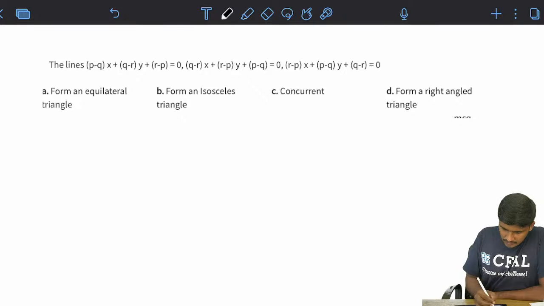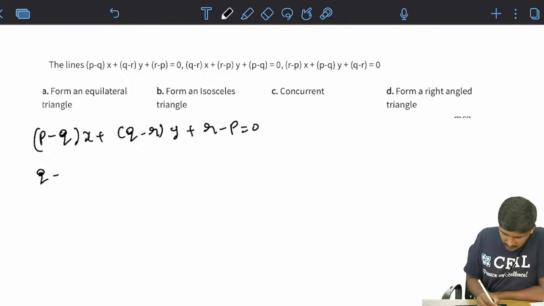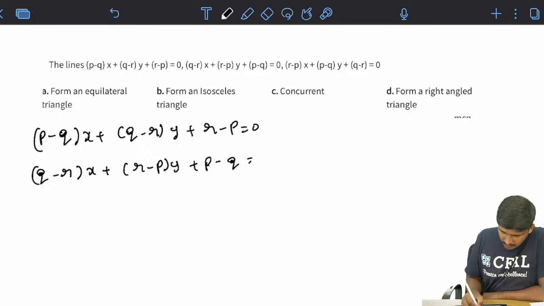So what I am going to do is consider the first 2 equations: (p minus q) into x plus (q minus r) into y plus (r minus p) is equal to 0, as well as one more equation. The second equation is (q minus r) into x plus (r minus p) into y plus (p minus q) is equal to 0. So this is equation number 1 and this is equation number 2.